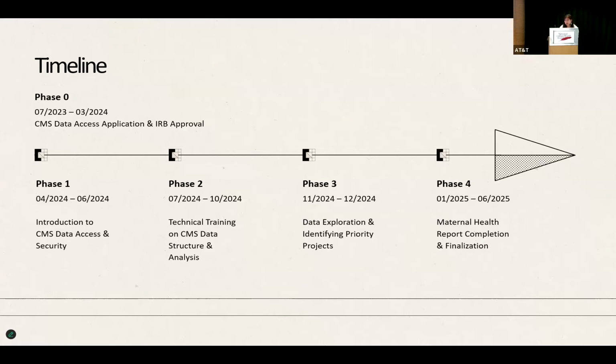Honestly, we had mixed feelings about this, which I'll talk about later, because we have to access this data through the research pathway. Towards the end of 2023, we had a clearer timeline for submitting our application.